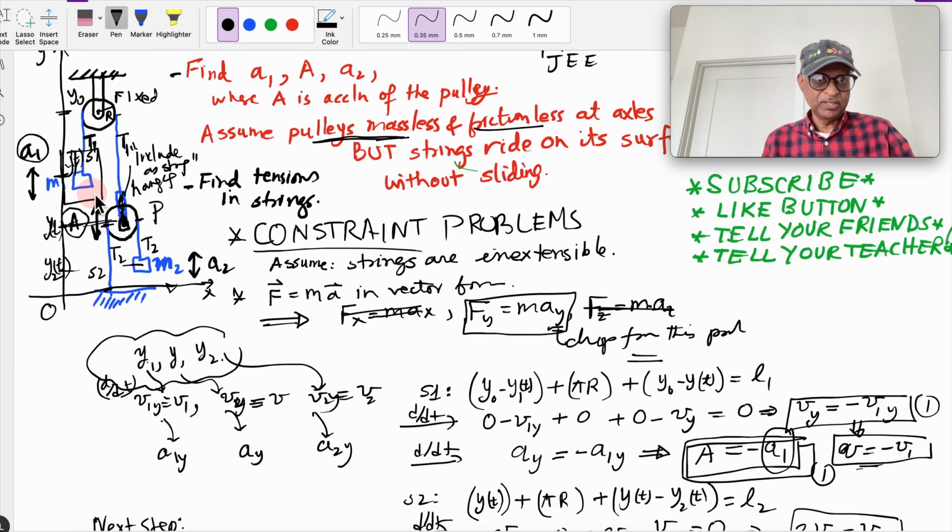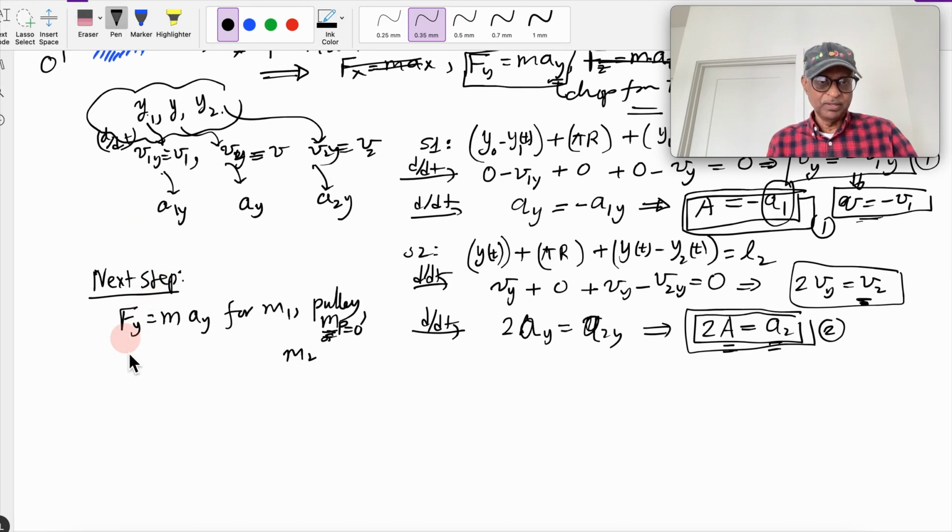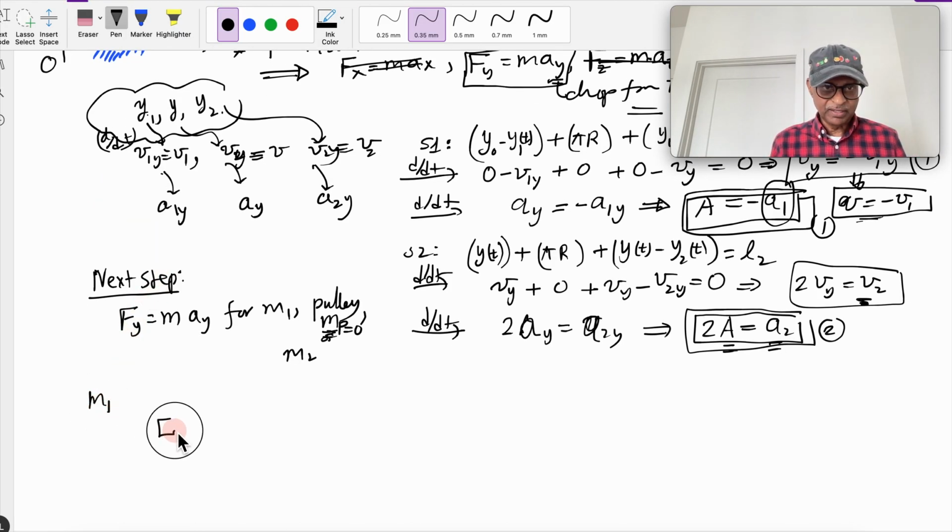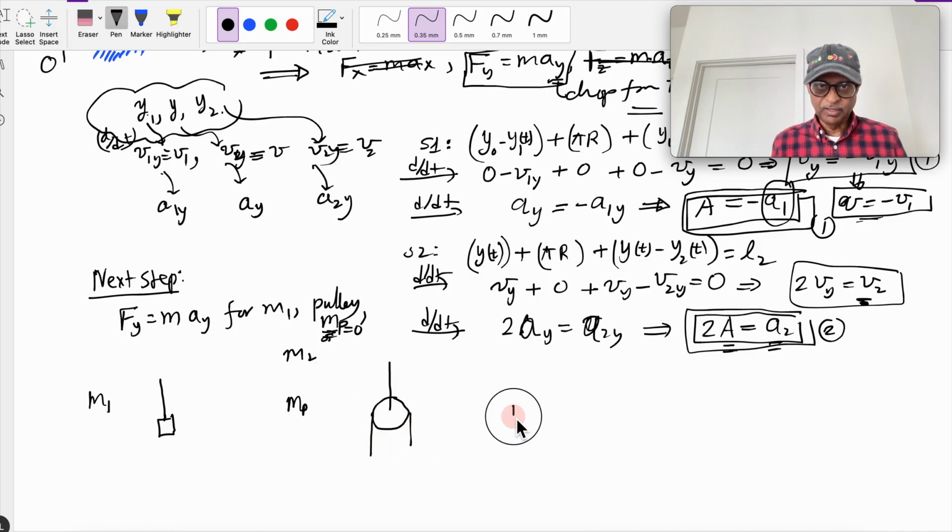So working out that mass, for the M1, the free body diagram looks just like this. For the pulley, it looks like this, and M2 looks like this.